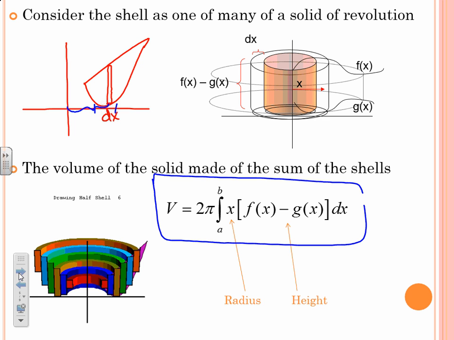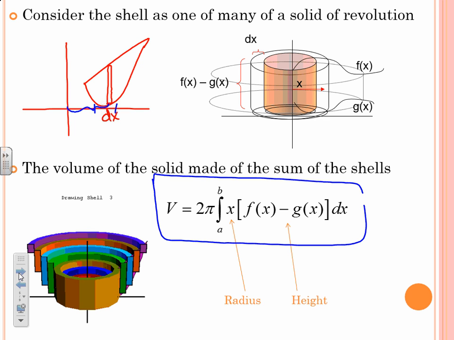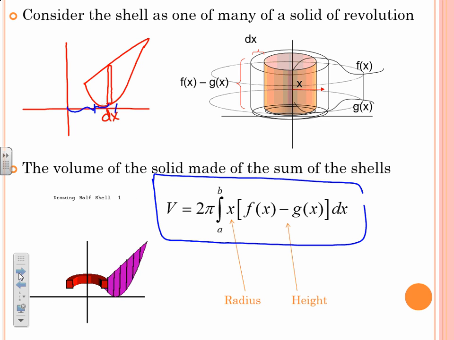The height is f of x minus g of x, top minus bottom. It's finding the distance between the points, the length of the rectangle, the height of the rectangle, however you want to think of it.